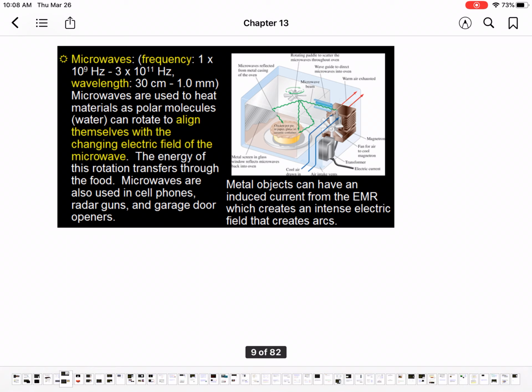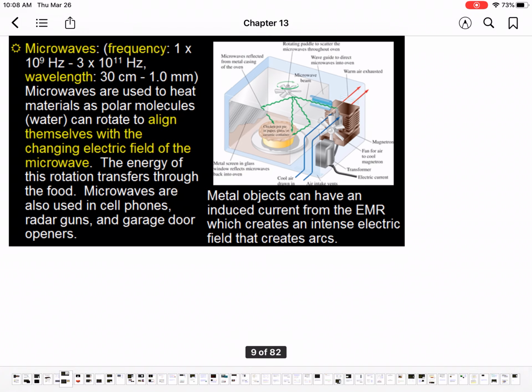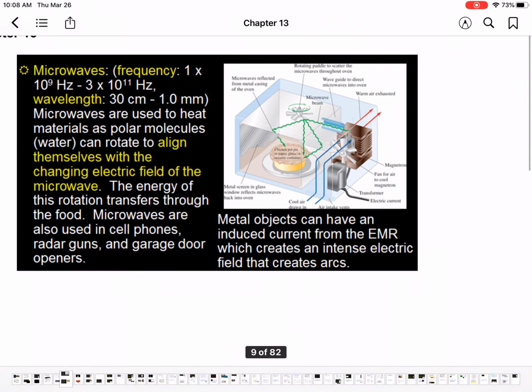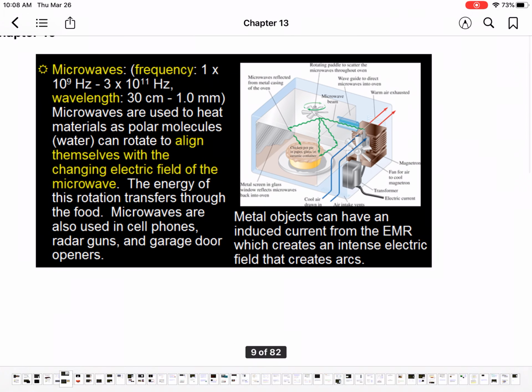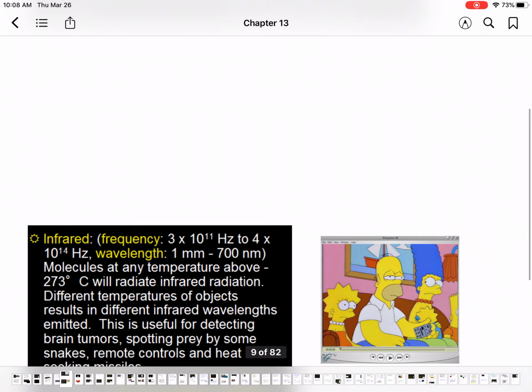So anything where you send a signal is usually going to be a microwave. A microwave oven heats up water molecules. If you put metal in there, the reason the metal gets sparky is because the EMR creates a current, which creates static, which creates arcs. And we don't want that.